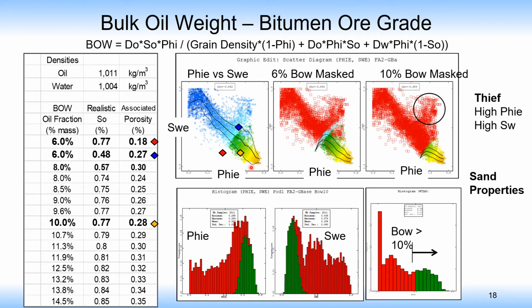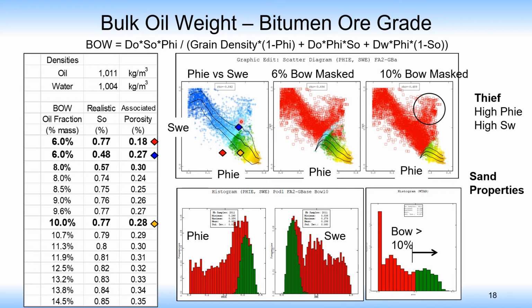So for the SAGD process, 6% is a cutoff. In mining, 7% is used as a grade control cutoff. But for us, it's 6 because that gives us about 50% water saturation and 27% porosity, two good cutoffs to use in the reservoir. And that example of 6% is here on the graph.